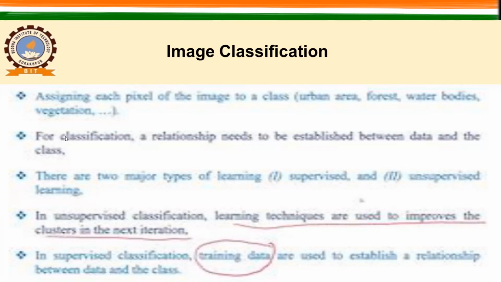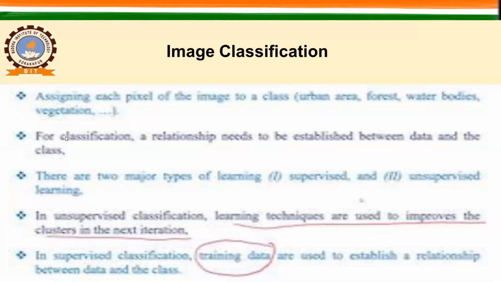So suppose you have an image and you have a pixel, and these pixels are nothing but the digital number. So only for visual purpose, we see color represented by these numbers, right? So here these classes are the urban area, forest area, water bodies, or vegetation. So exactly we want to locate which pixel belongs to urban area or which pixel belongs to forest, which pixel belongs to water body, and which pixel belongs to the vegetation.